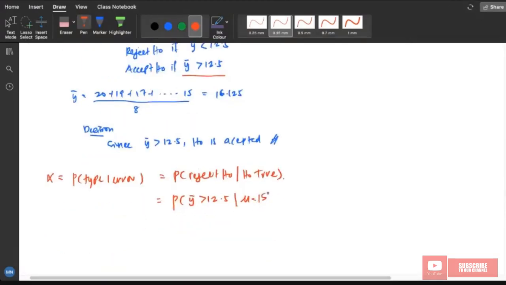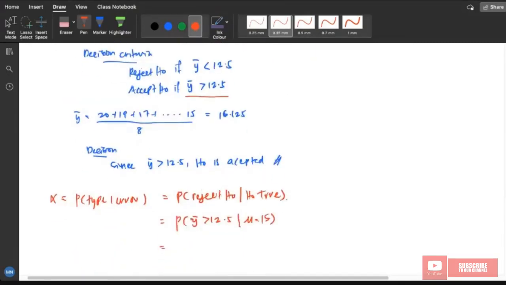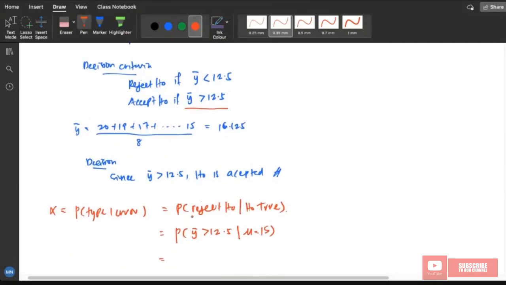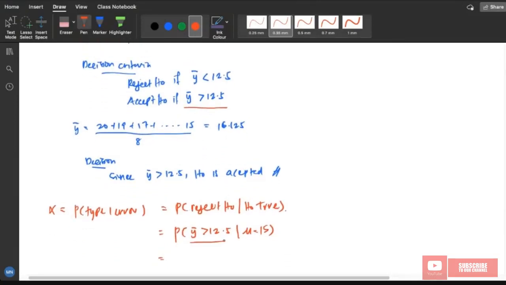Mu equal to 15. So this one, just plug in the value into the, sorry, this one is wrong.